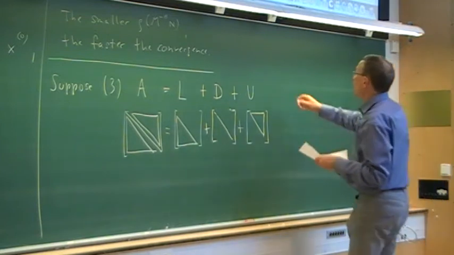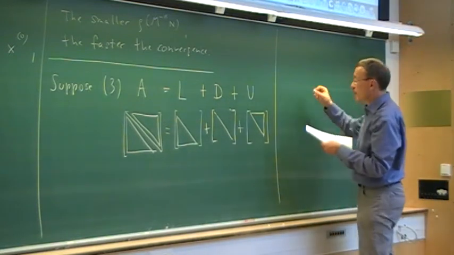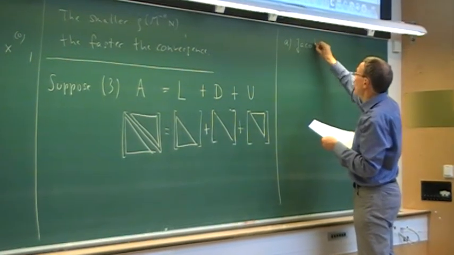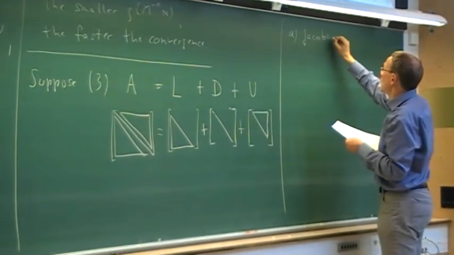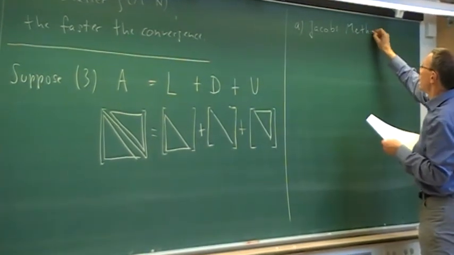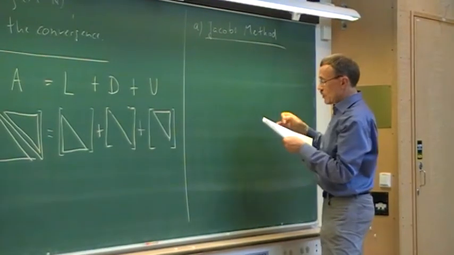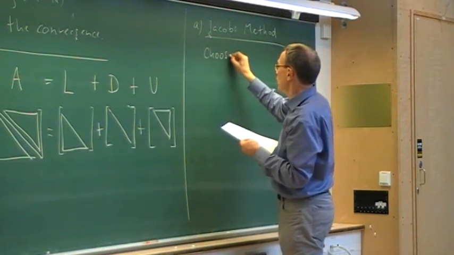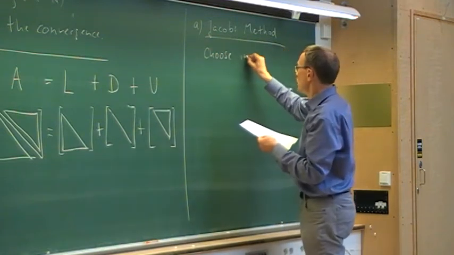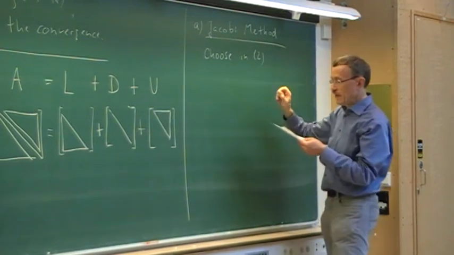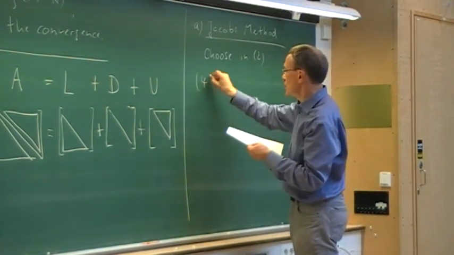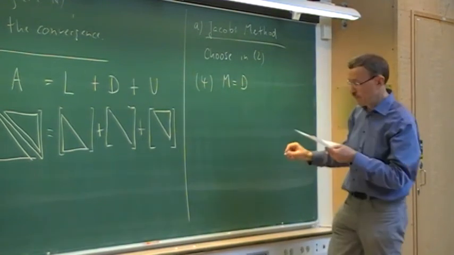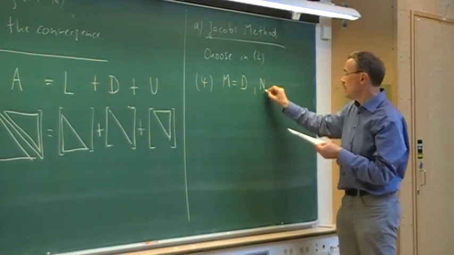And the first method that we shall discuss is called the Jacobi method. In the Jacobi method, we choose in our iterative method with M and N the following choice. We choose M equal to the diagonal, and we choose N equal to the rest.